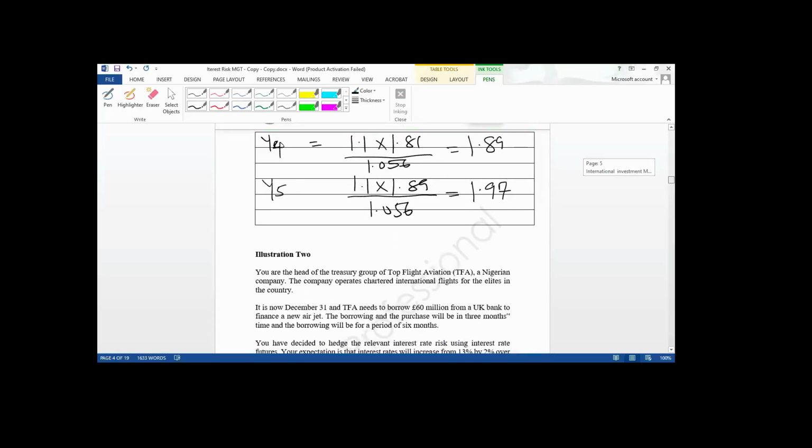Without forecasting the exchange rates, we can't think of solving the question.